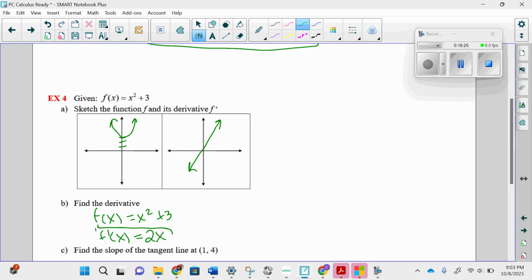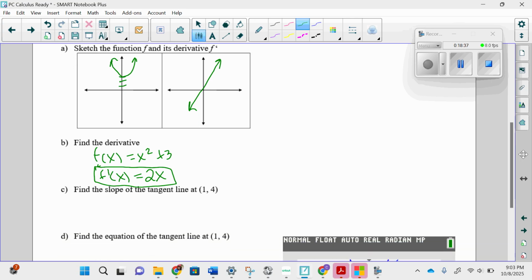So our derivative is the linear equation, y equals 2x. Find the slope of the tangent line at (1,4). Remember, the derivative is the slope of the tangent line.